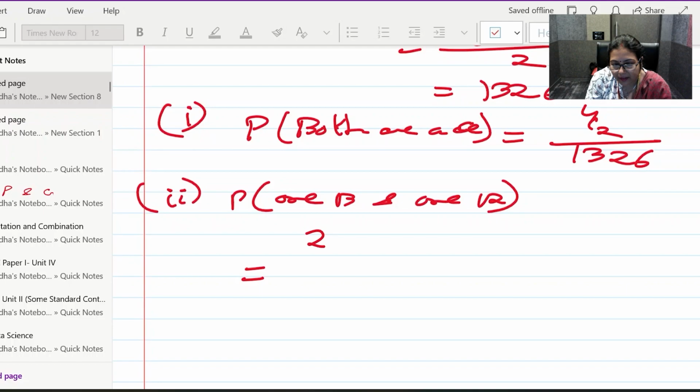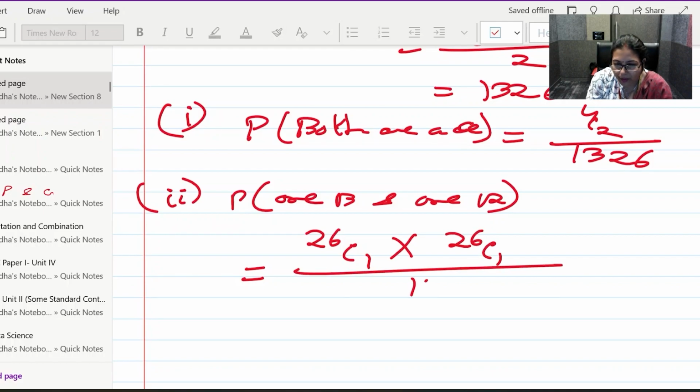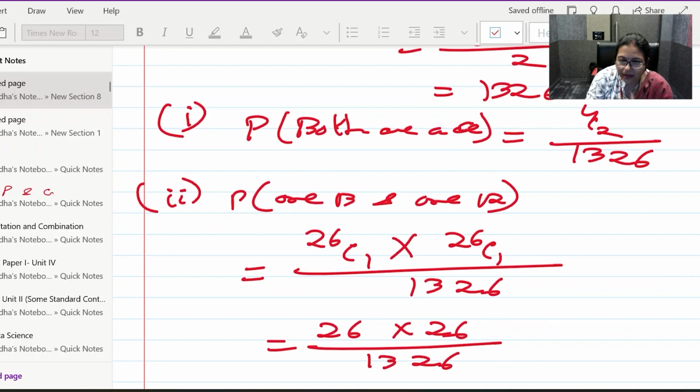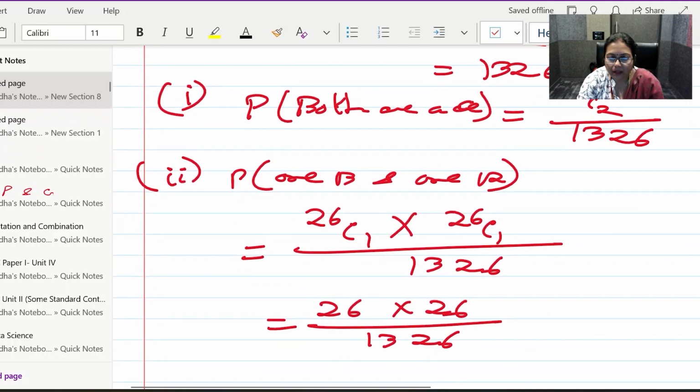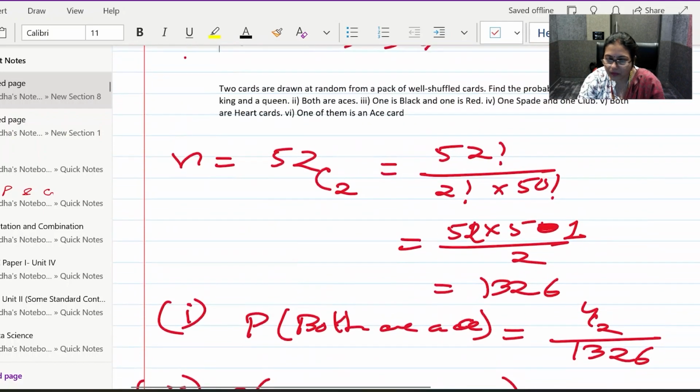How many black cards are there? There are 26. From that we are selecting one. For and we are getting multiplication, and from 26 red cards we are selecting 1, divided by 1326. So 26C1 is 26, 26C1 is 26, divided by 1326. We can simplify and get the answer in fraction or decimal.